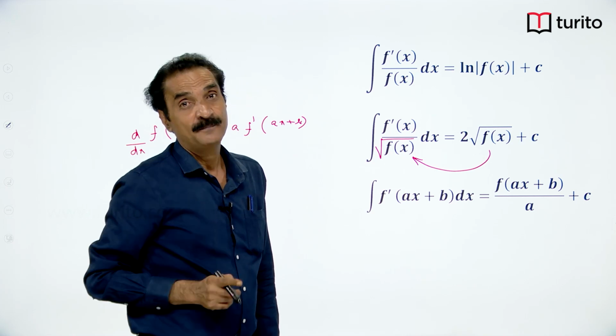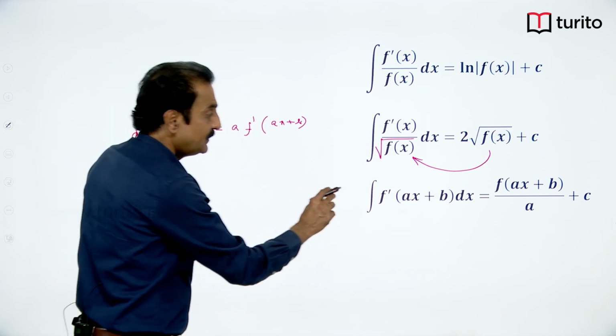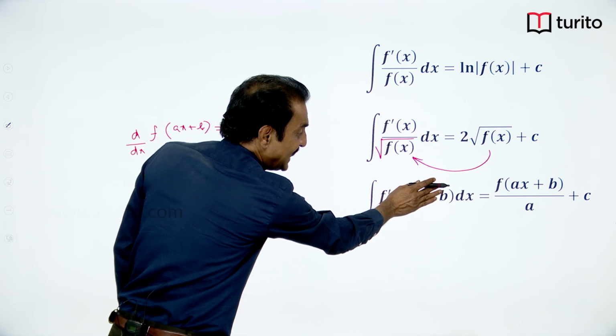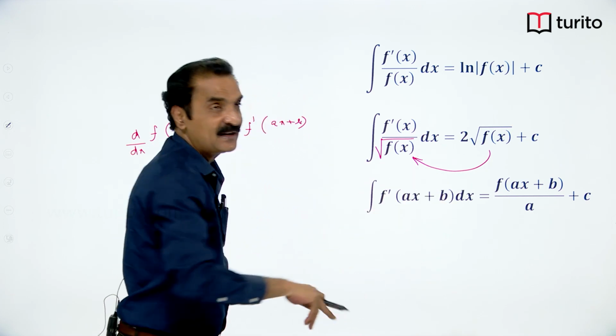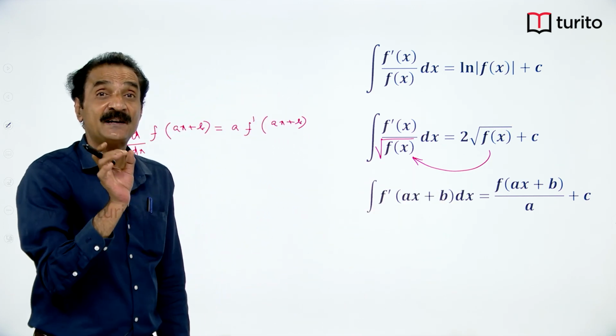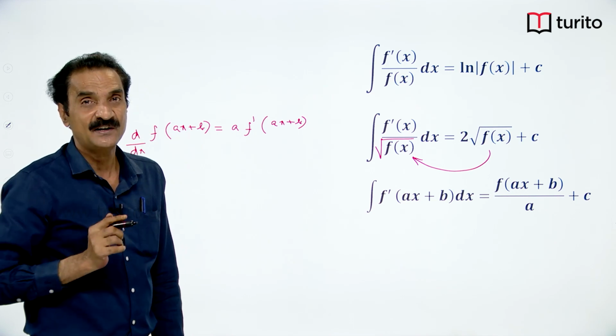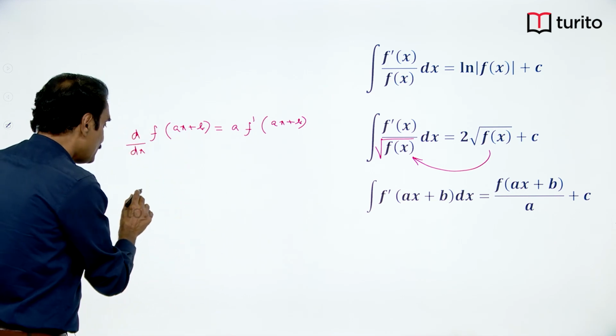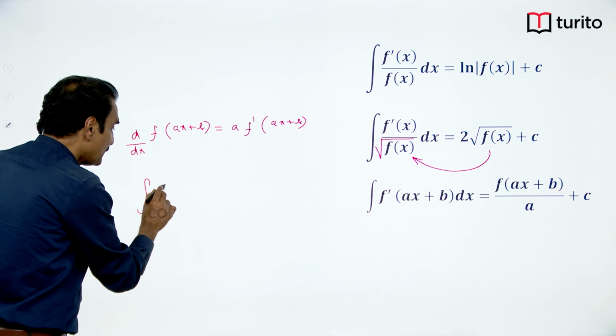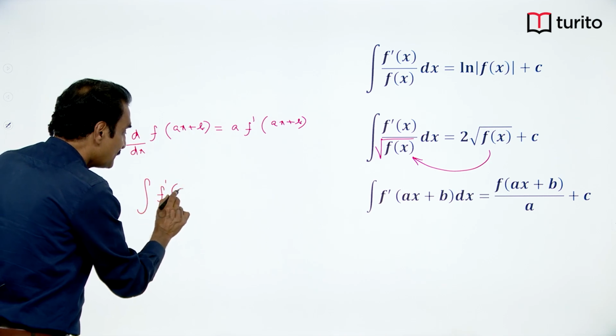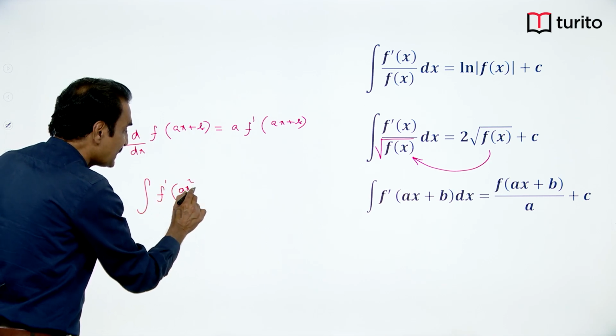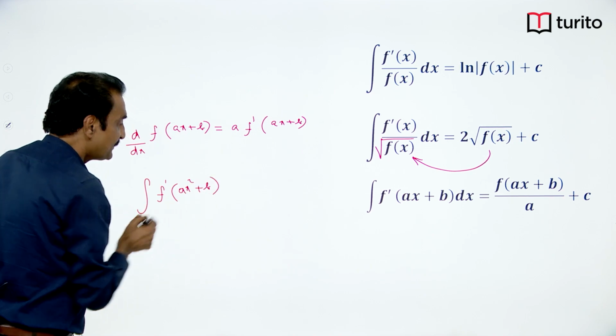But remember, assuming something as x and integrating, then dividing by the inner derivative, is valid only when the inner derivative is a constant. For example, you want the integral of f dash of ax square plus b.